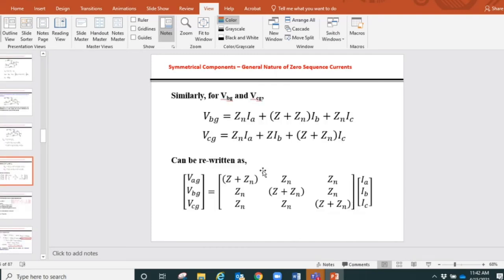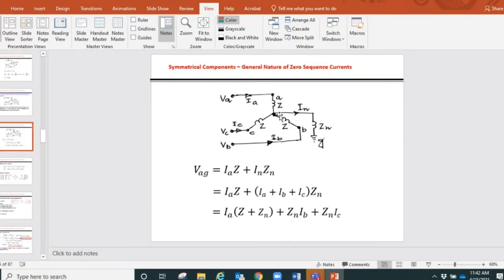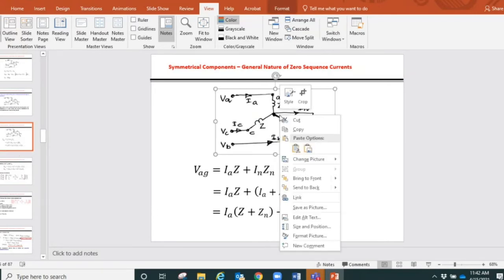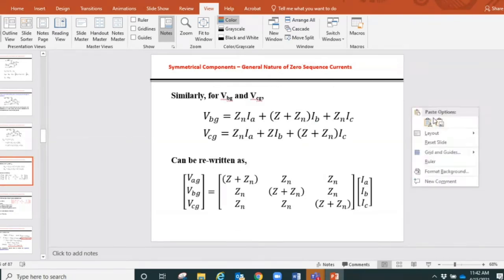Similarly, you can write the equation for phase B and phase C, Zn, In, and then the other equation for VC. Considering the expression, I can again copy this figure for us to see how they come like that.